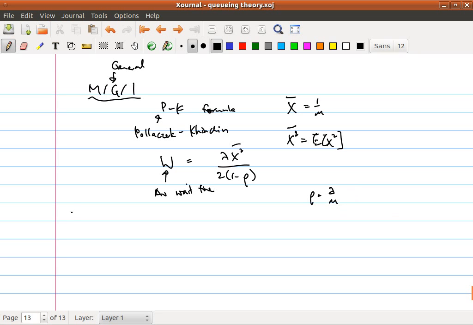So let's show this PK formula. To show this, we need to introduce a concept known as the residual service time, or residual time.